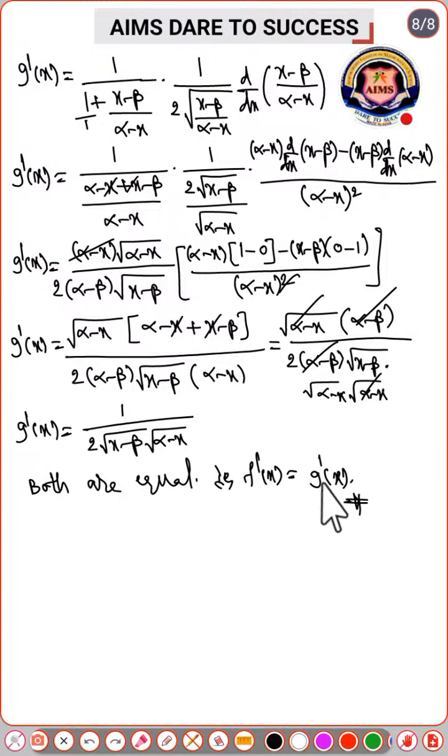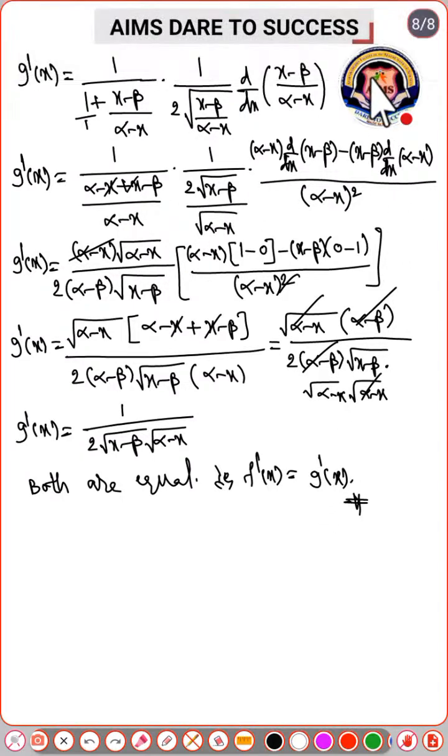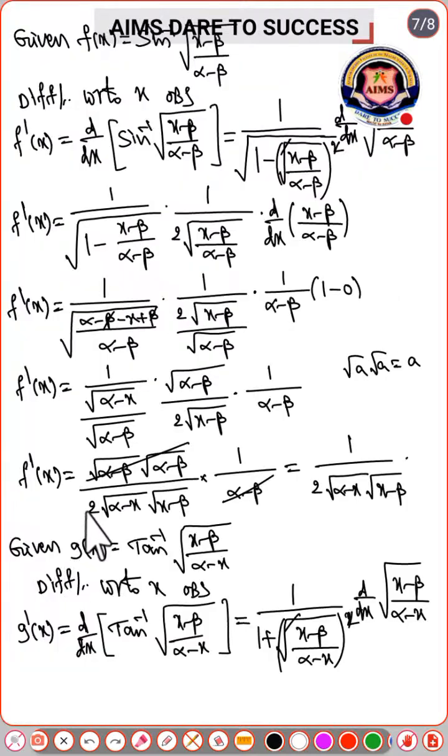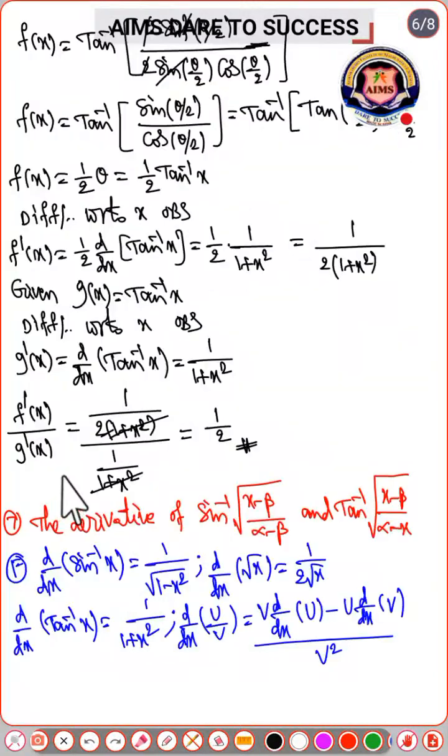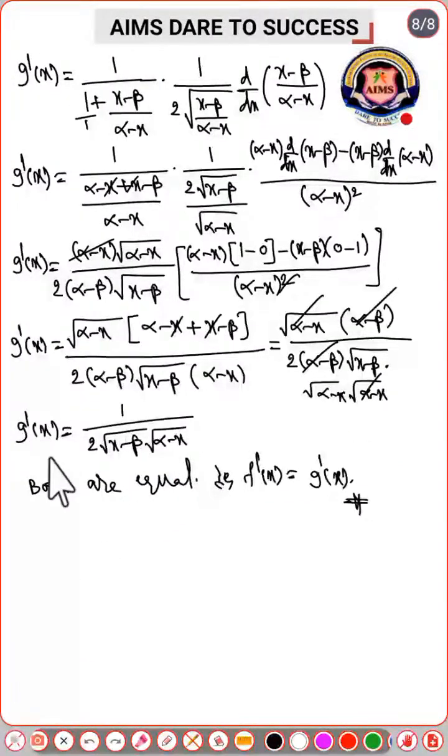Okay, when you are having something like this, you can remember the answer directly. When you are having dy by dx of sin inverse of root x minus beta by alpha minus x, you can remember this answer: 1 by 2 root x minus beta into root alpha minus x.